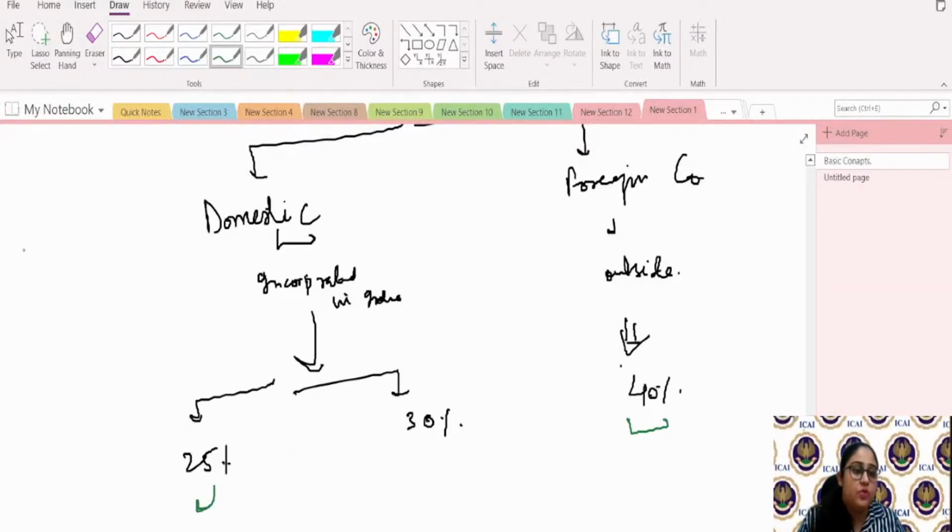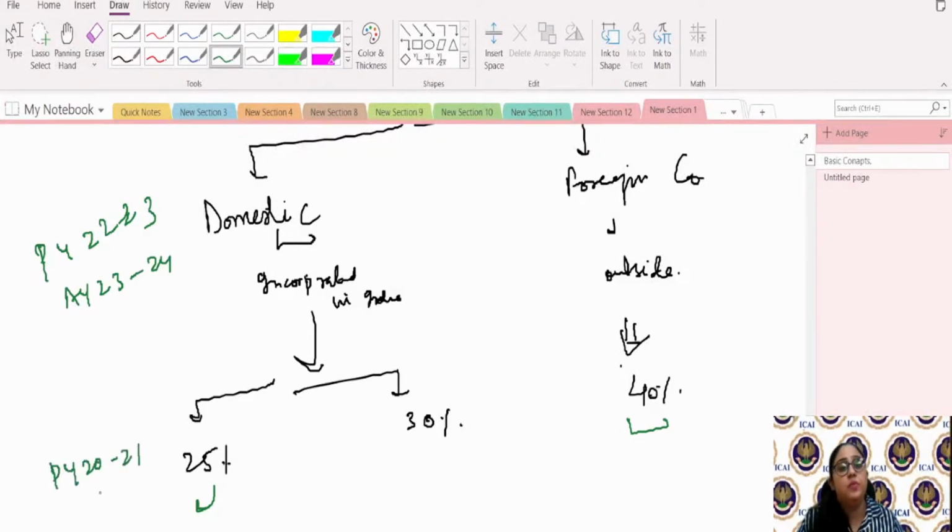I'm talking about previous year 22-23, which is my assessment year 23-24. So 25% would be applicable if my turnover for previous year 2021 is up to 400 crores.